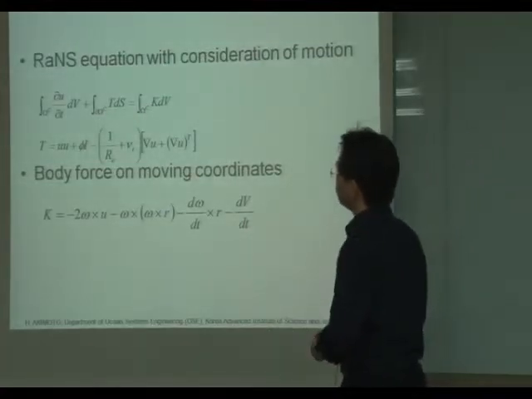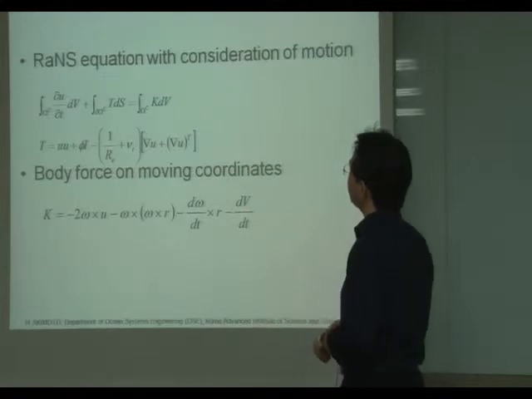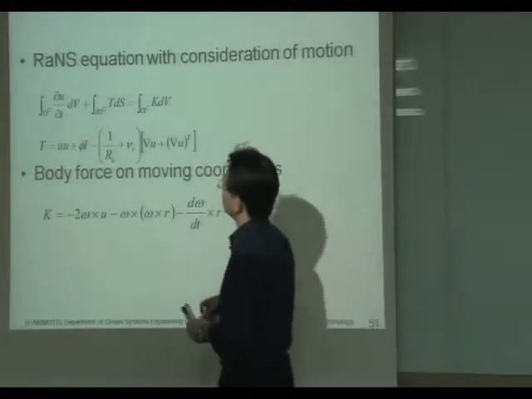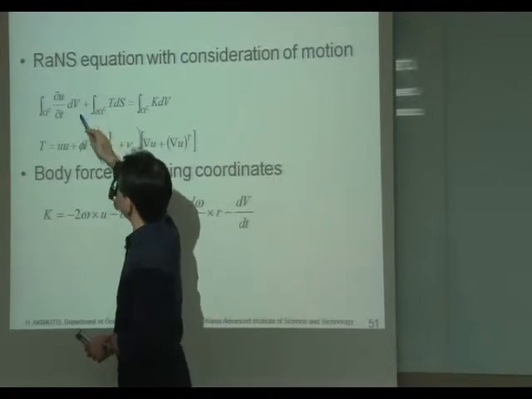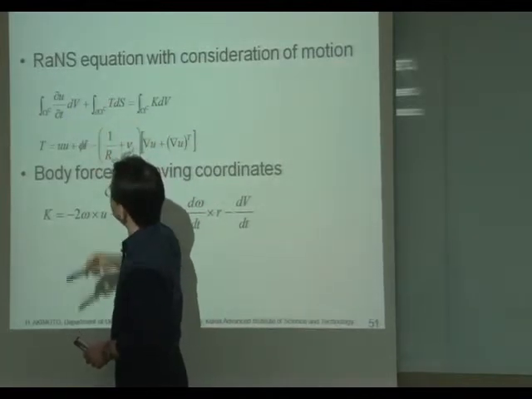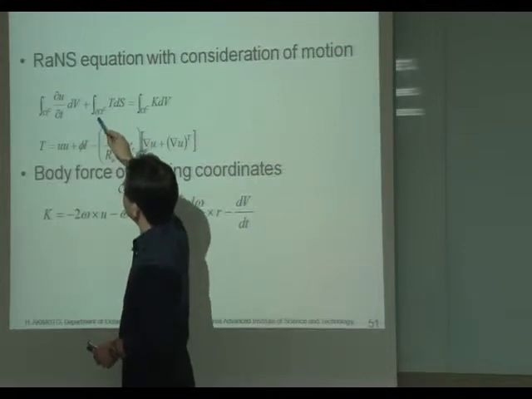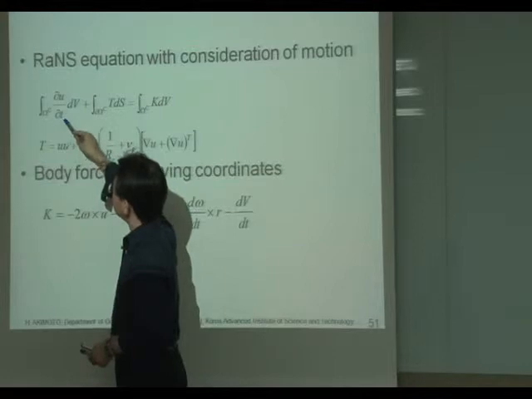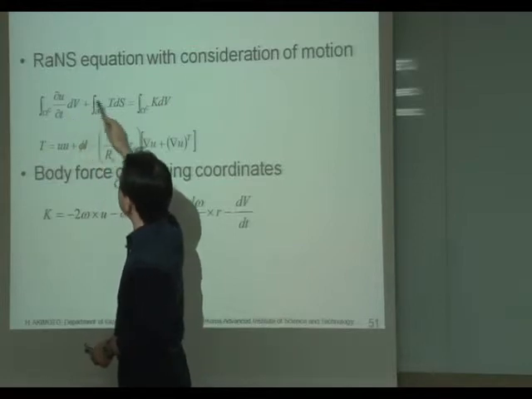If we have to consider the moving coordinates, we have to consider other inertial effect. This is Navier-Stokes equation. It is written in finite volume method conservation form of Navier-Stokes equation.